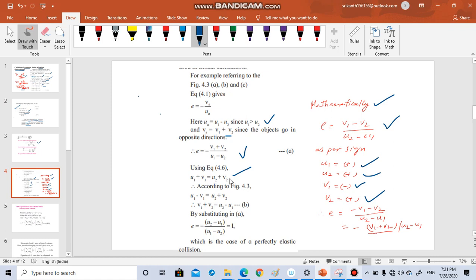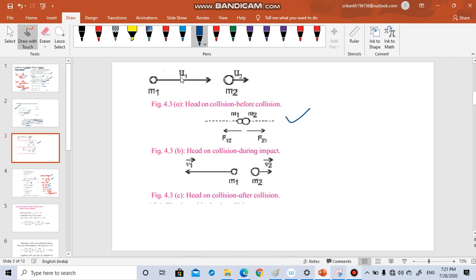Now we are trying to find out the value of the coefficient of restitution. So we have to find out in the numerator v1 minus v2. Here it is v1 plus v2. For this particular case, we are getting v1 plus v2 in the numerator.